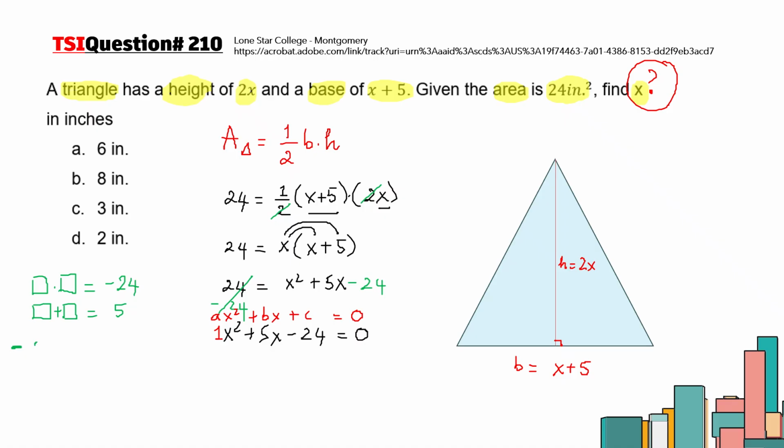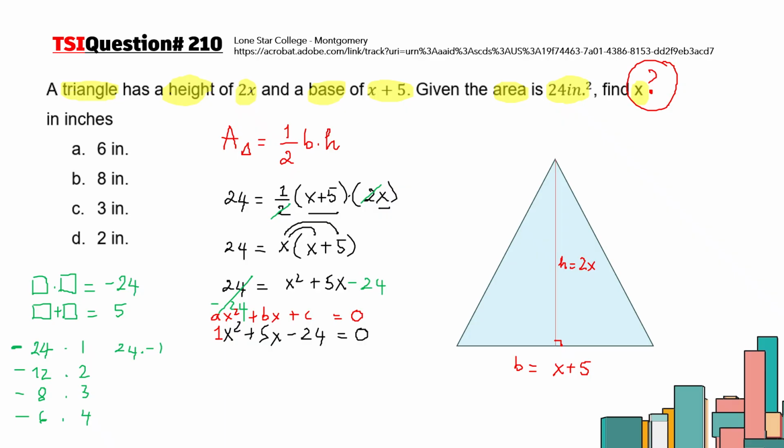So we have a pair of 24 and 1: negative 24 and 1, or 24 and negative 1, which can also produce negative 24. We may have negative 12 times 2, negative 8 times 3, or negative 6 times 4.